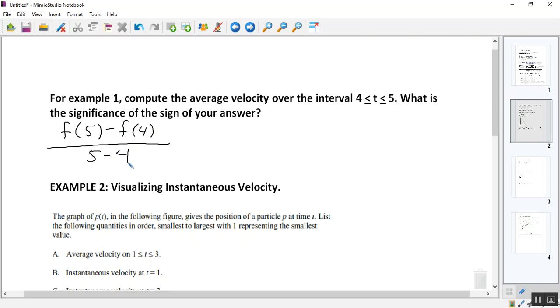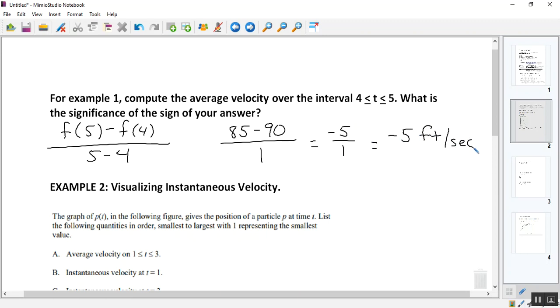Kids, what value was f of 5 on that table? 85. What was f of 4? And then 5 minus 4 in the bottom is what? So we end up with negative 5 over 1, which is what value? So it's traveling negative 5 feet per second.